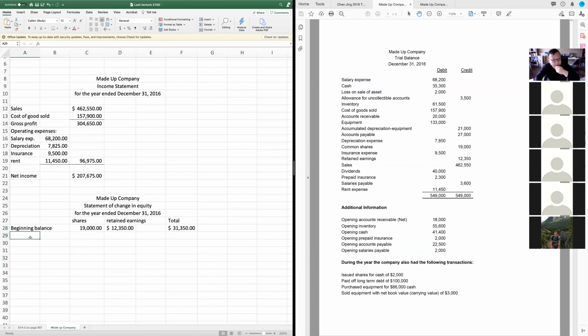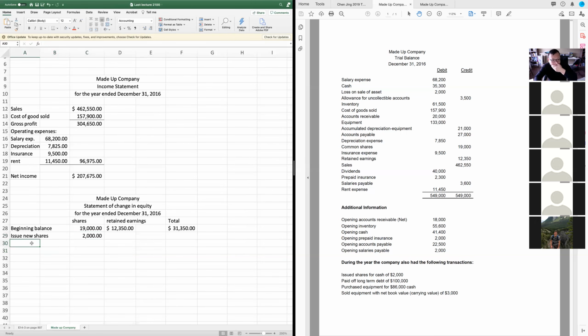And so during the year, I'm going to add the issue of new shares. How much? You issued the shares for cash of 2,000, so there'll be a $2,000 increase.